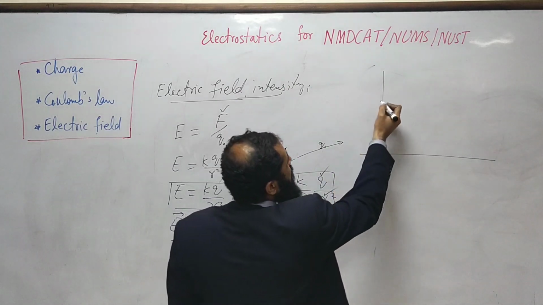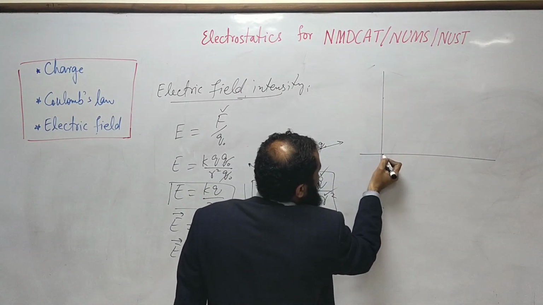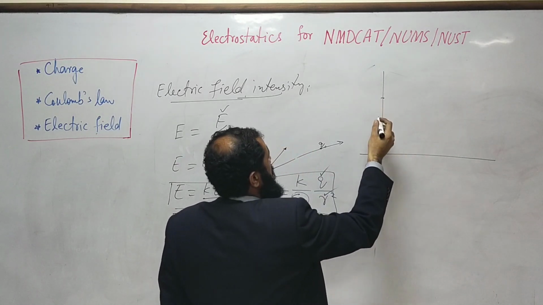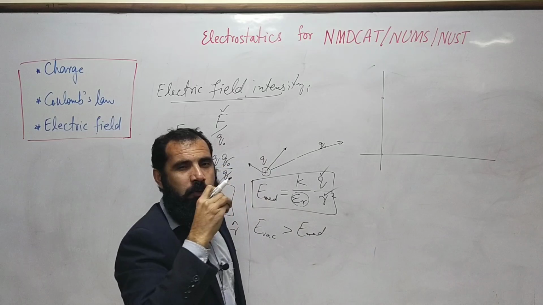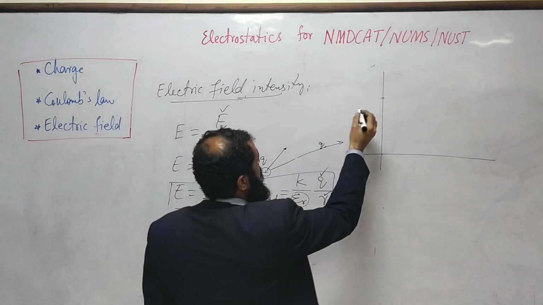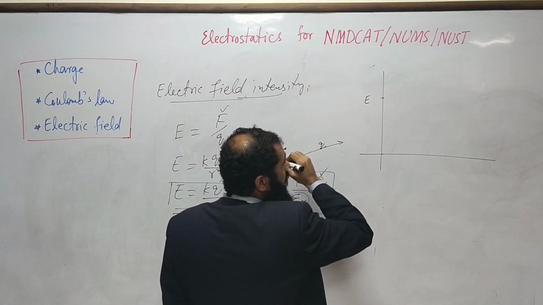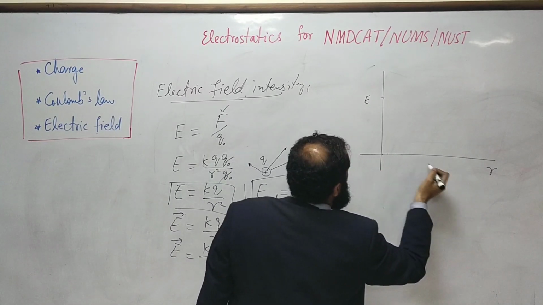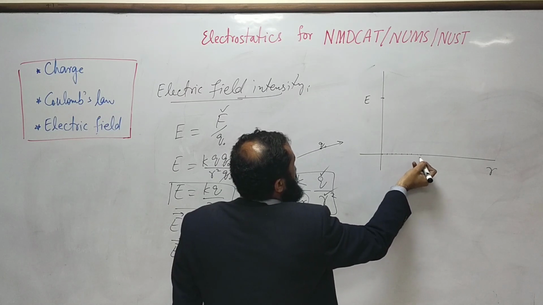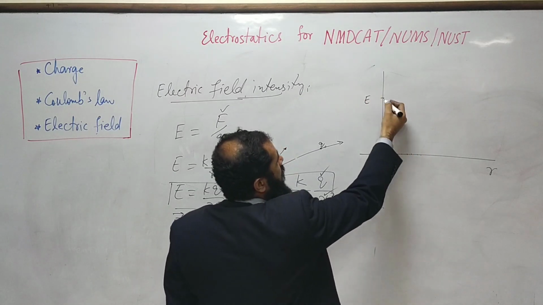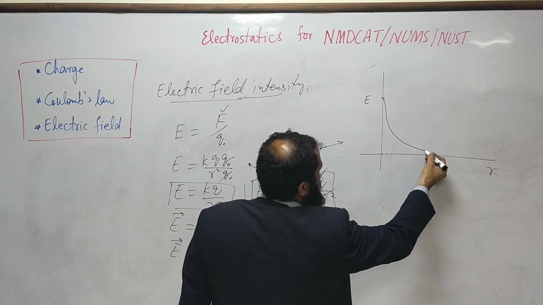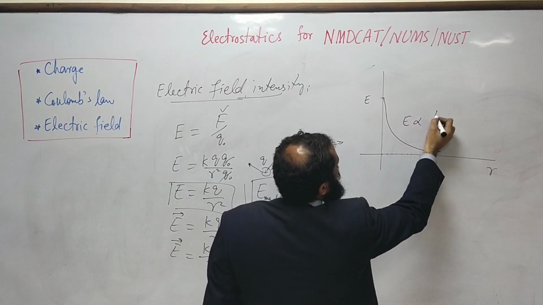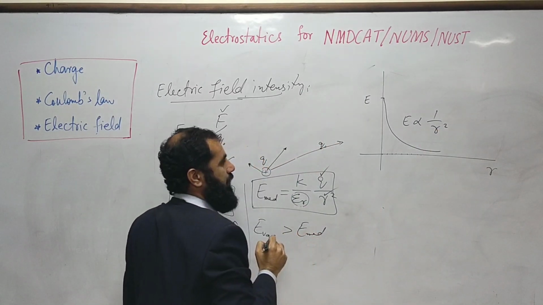For a point charge, the size is almost 0, so it is here somewhere, and initially very close to that point the field is E, and as I move farther from that, this is R, the field gets weaker and weaker, and it is inverse square, so the graph is like this. So E is proportional to 1 by R square.